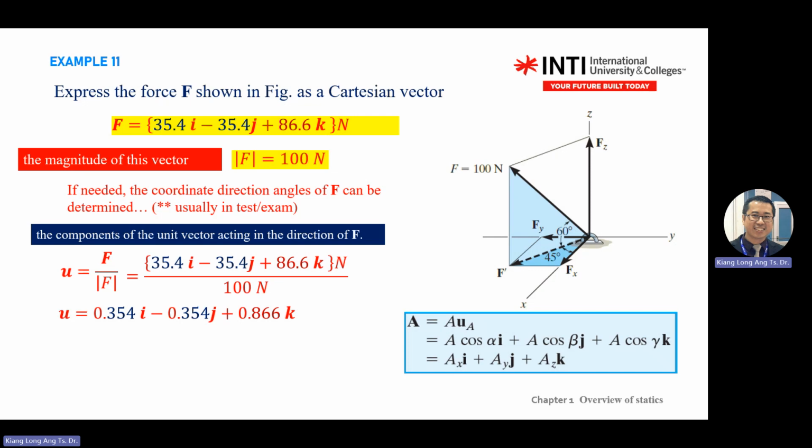You need to write F equal to F u_A. So this one equals this one, this whole thing. So u_A equals cos alpha, cos beta, cos gamma.